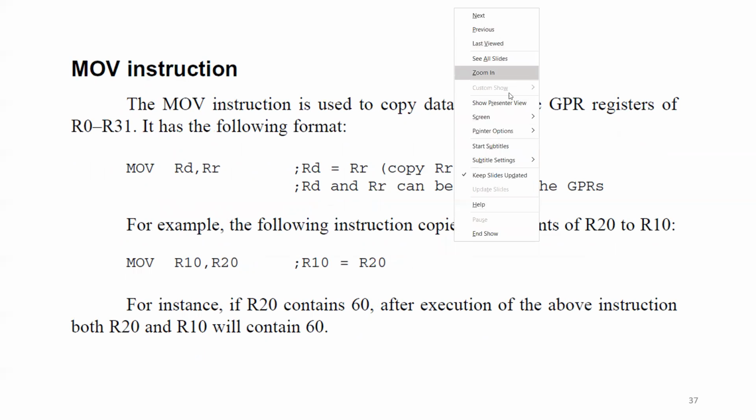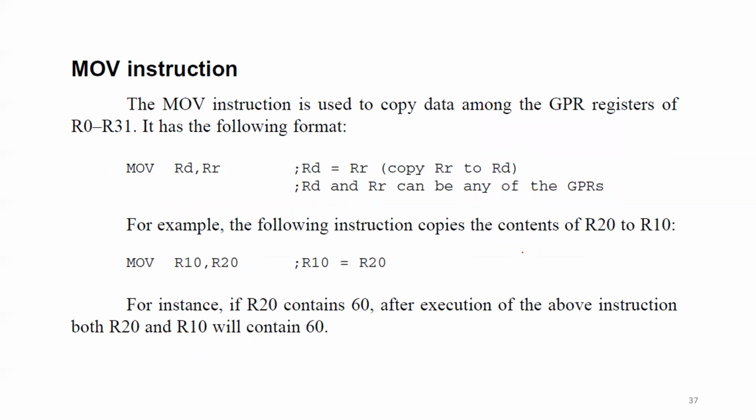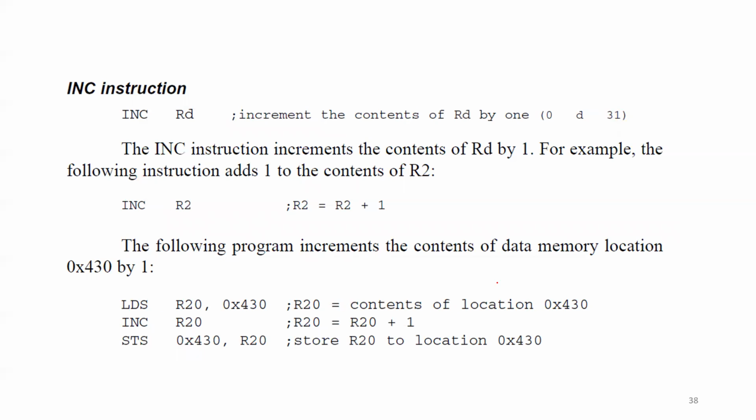For instance, if you have the memory location 430, assume that this memory location has certain data of, for instance, 12 hexadecimal.